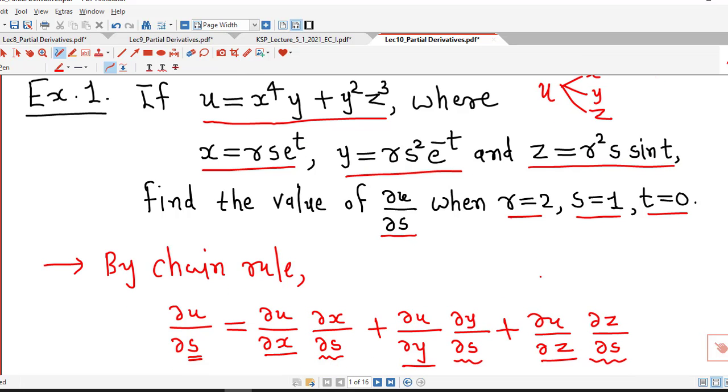Now we calculate all the partial derivatives and substitute here.